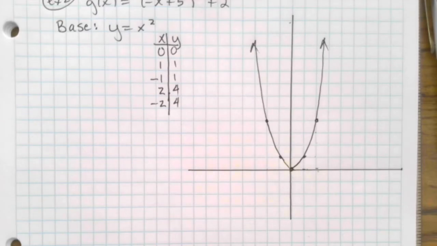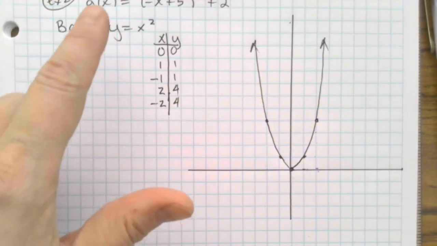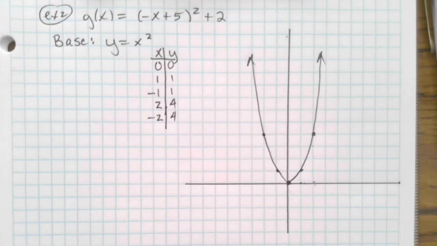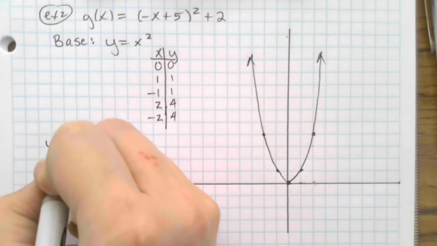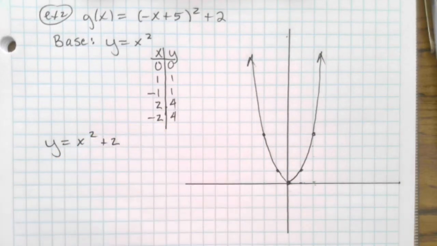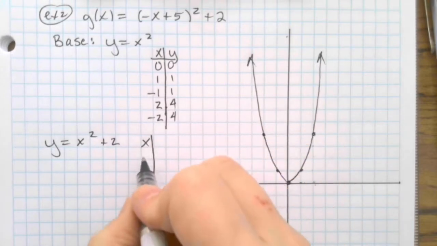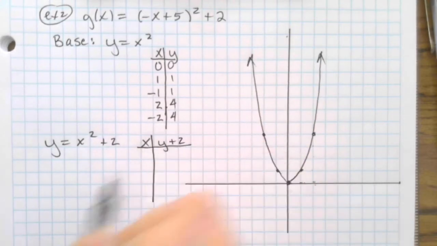Okay, so first thing we're going to do is there is no vertical stretch or shrink. There's nothing out there. So we're going to do the vertical translation up. So y equals x squared plus 2. On our point-to-point graph, all of our y's are going to get a 2 added to them.